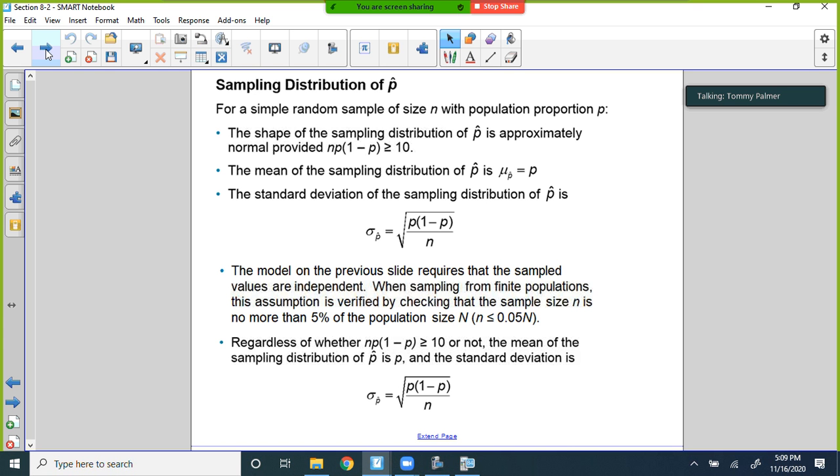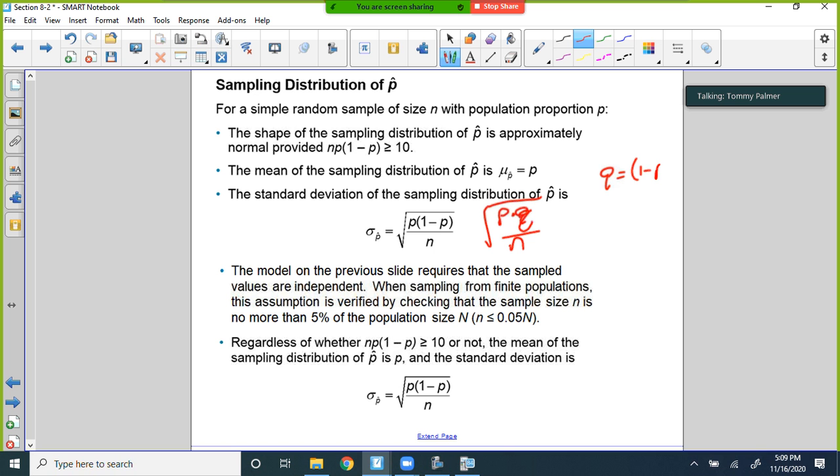The standard deviation of the sampling distribution of p hat is the square root of p times 1 minus p over n. Well, I tend to say q, so it's p times q over n. And what is q? Q equals 1 minus p, right? P is the probability of success, q would be the probability of failure, the complement of that. So you can replace 1 minus p with q, and I will in some of these.